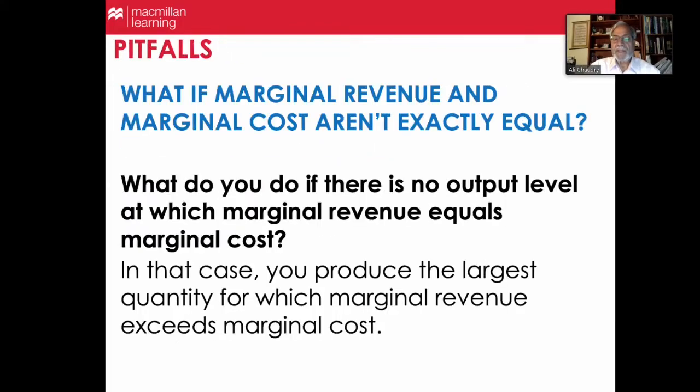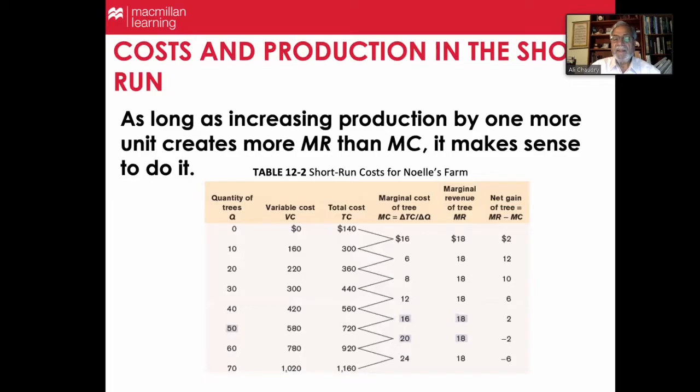Let's go back to the table. In this column, we see the total cost going from 140 to 1160. And here we have the quantity. So how do we calculate the average total cost? Well, the average total cost is taken from the total cost divided by the total quantity.